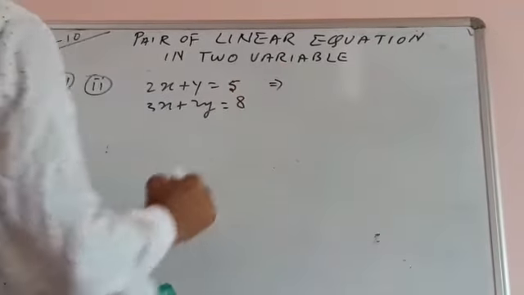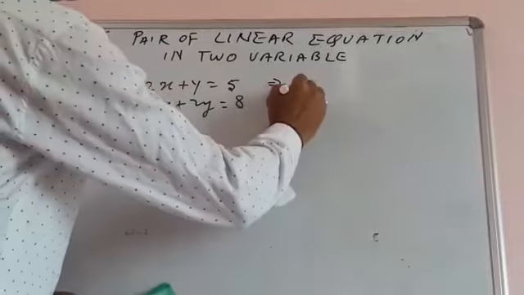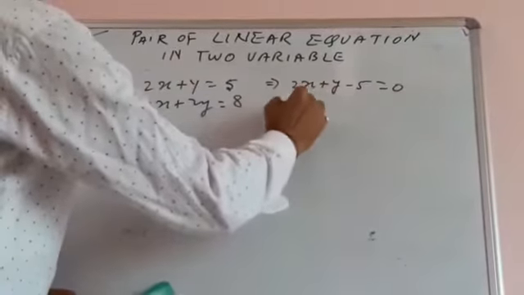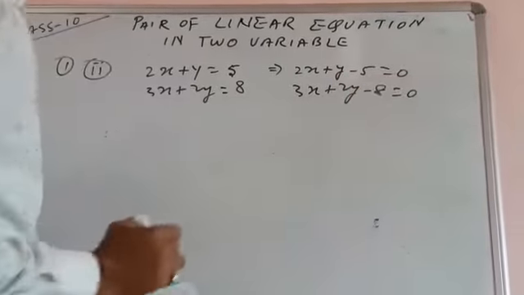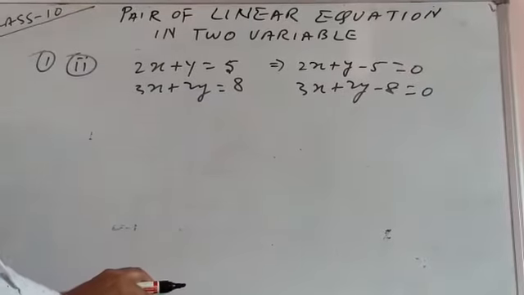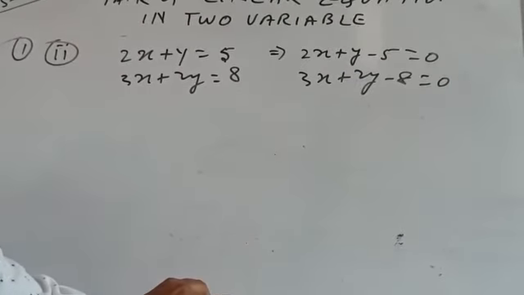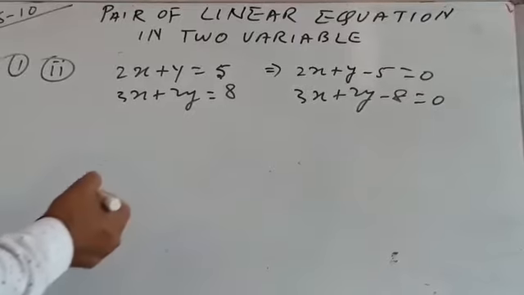The very first important thing is to keep this in general form. So this is 2x plus y minus 5 is equal to 0, and 3x plus 2y minus 8 is equal to 0. Now, as I said, we need to start by writing the coefficients, b1 b2.